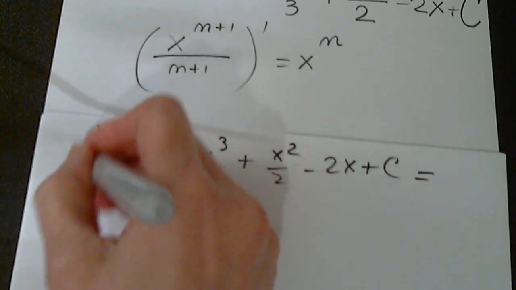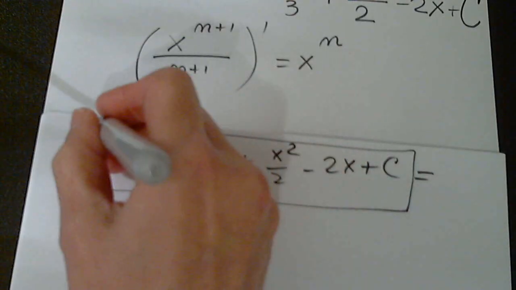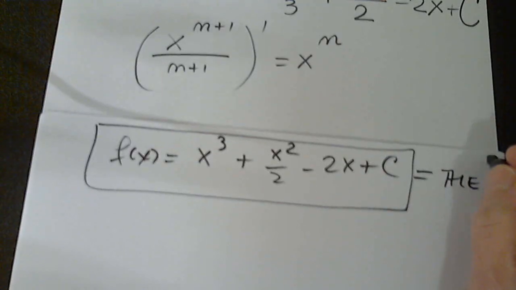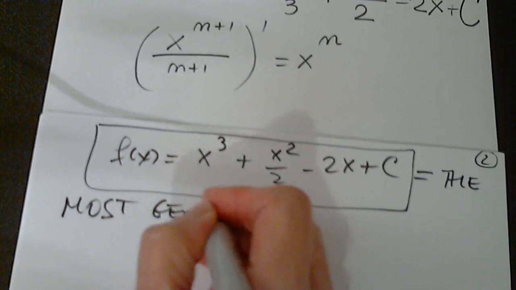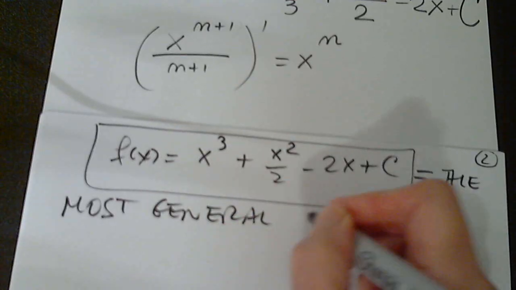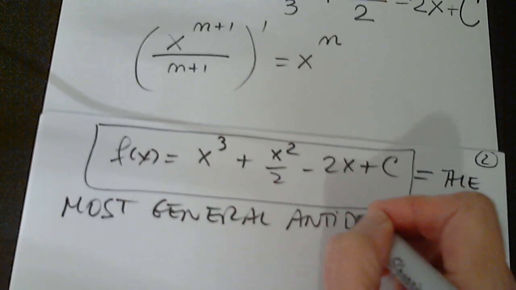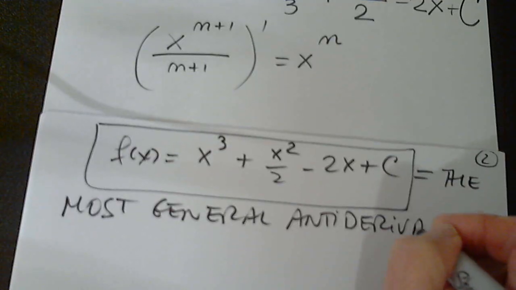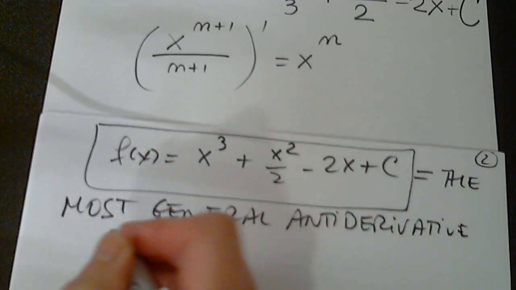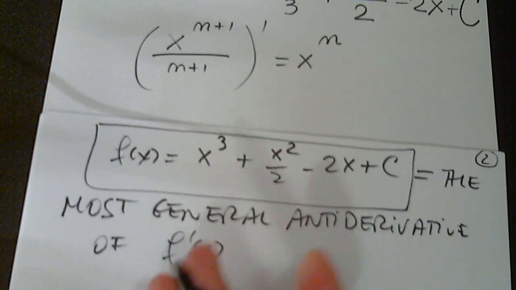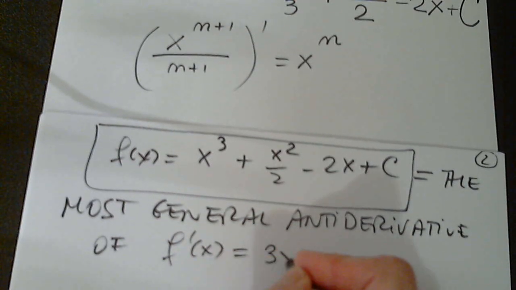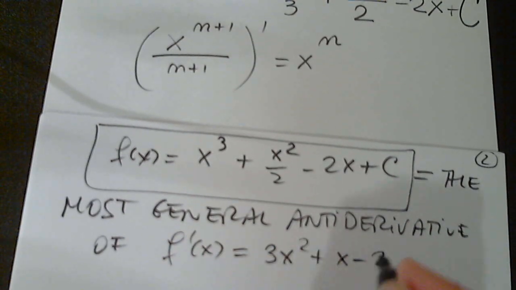This whole thing is the most general antiderivative of the original function, a derivative 3x squared plus x minus 2.